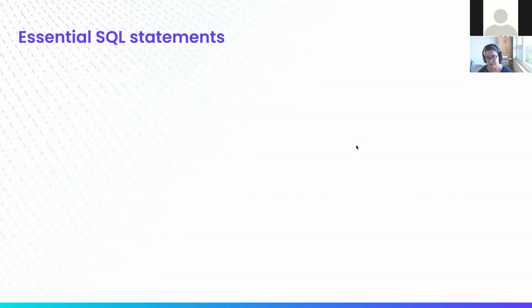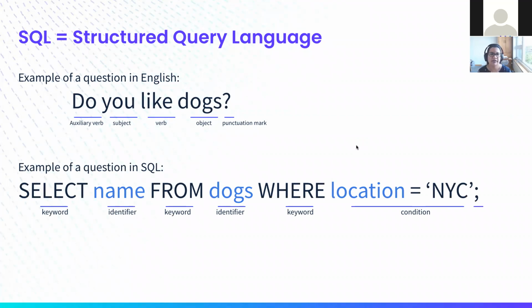Similarly, for SQL, you have different components like the keyword, the identifier, and a condition. And you can use different kinds of keywords, different identifiers, and different conditions. And the permutation and combination of all these 3 components is what makes SQL so powerful.